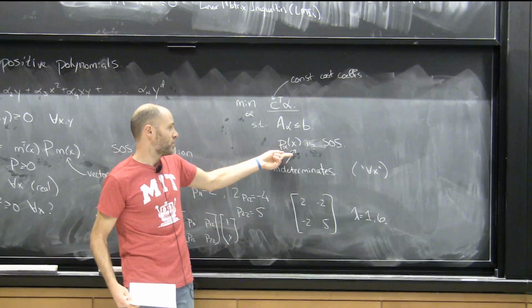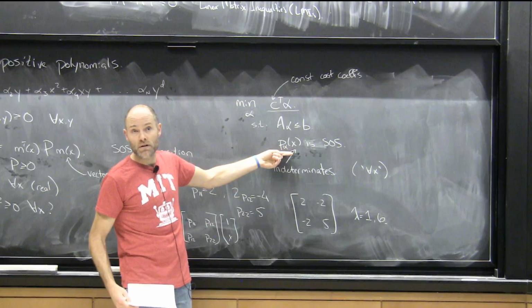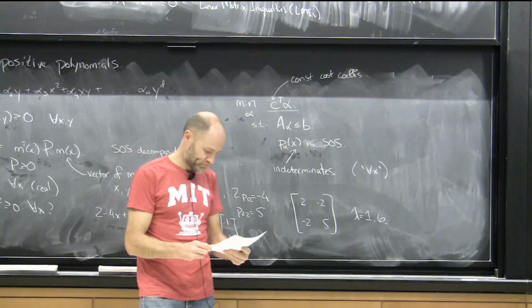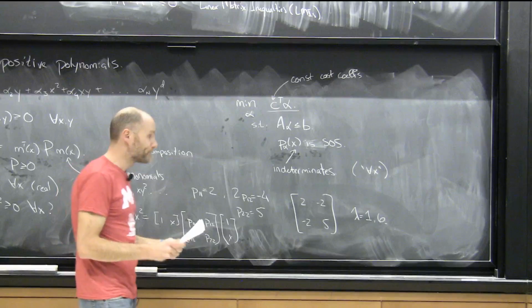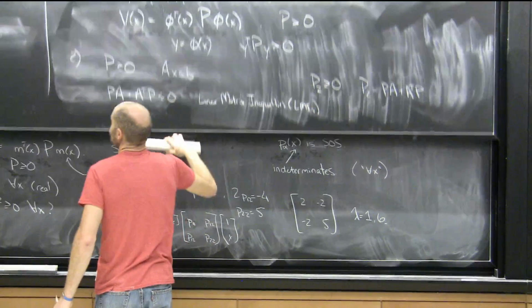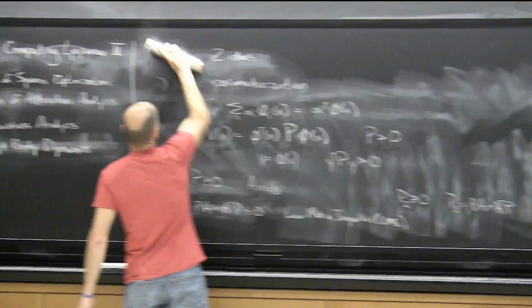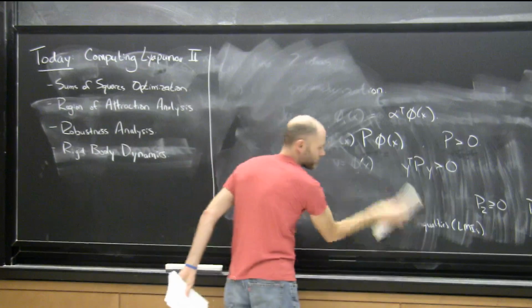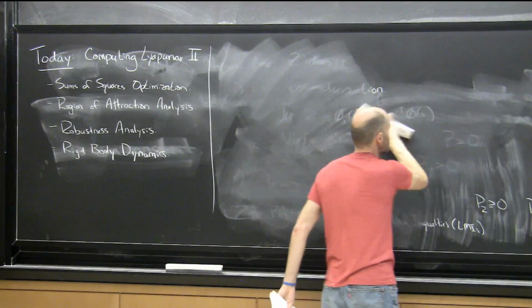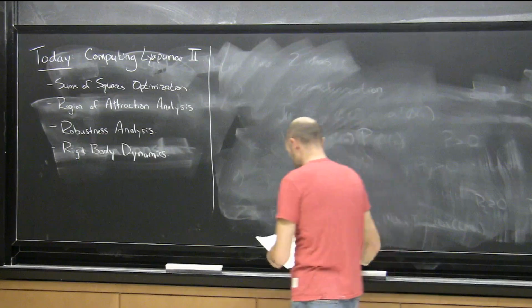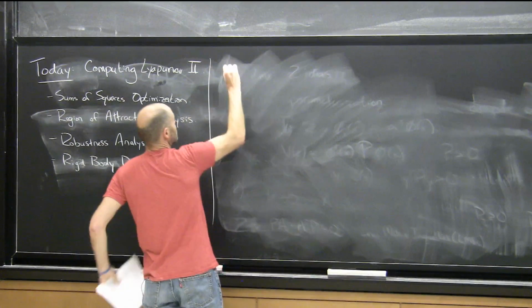How can we use that kind of constraint to start finding Lyapunov functions without sampling? All right, back to Lyapunov.